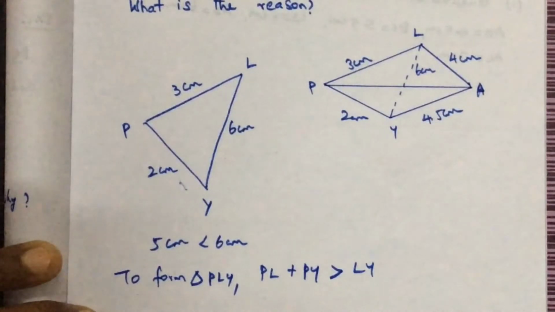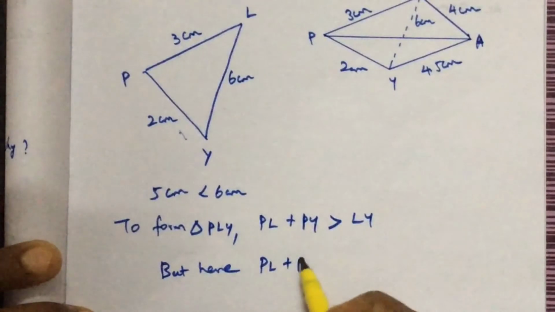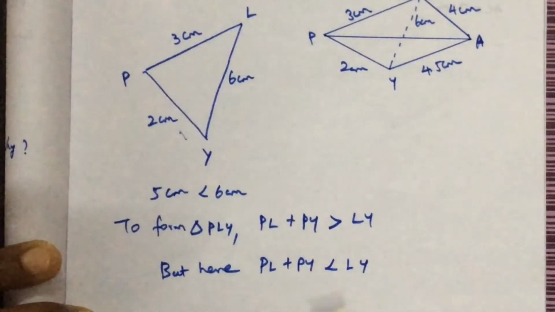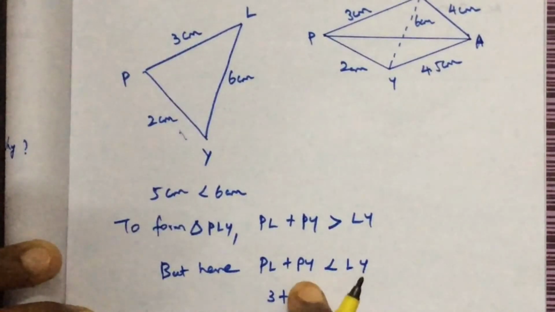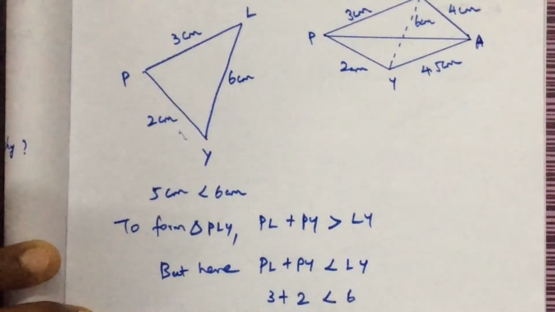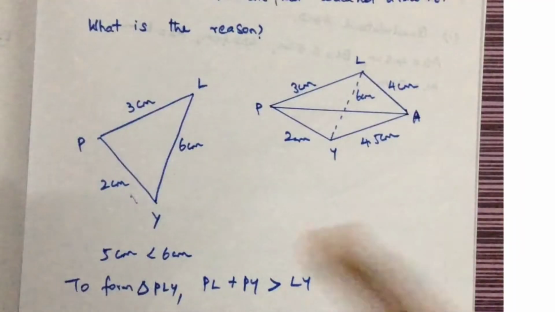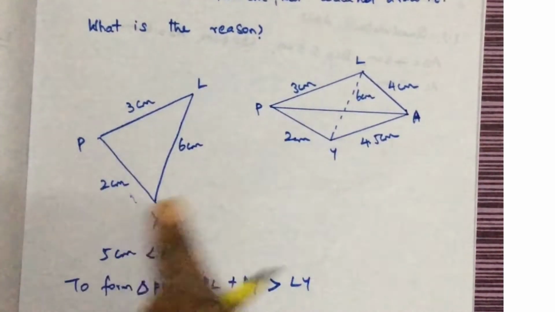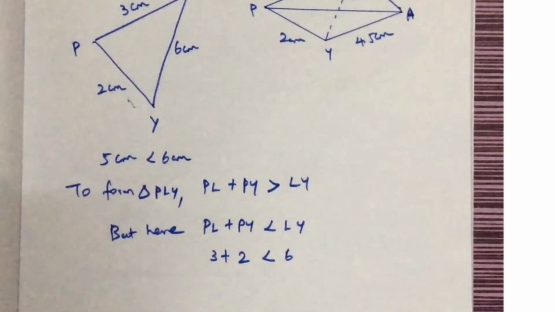But here, what is happening? If you add PL plus PY, this is less than LY. PL is 3 plus PY is 2, this is 5. Okay, this is less than 6 centimeter. When you add two sides, it should be greater than the other side. So it is not possible to form this triangle. Since you are not able to form this triangle, it is not possible to draw this quadrilateral also. So this is the reason.